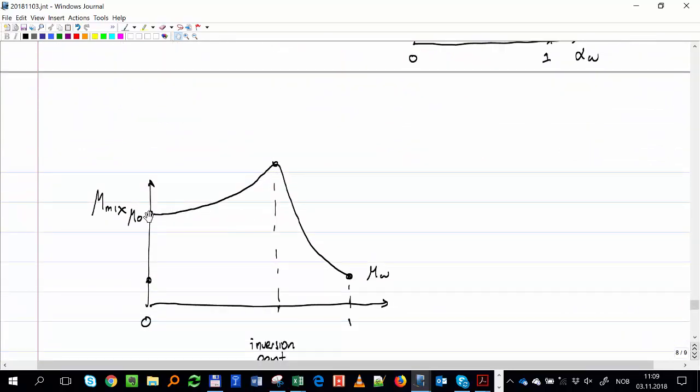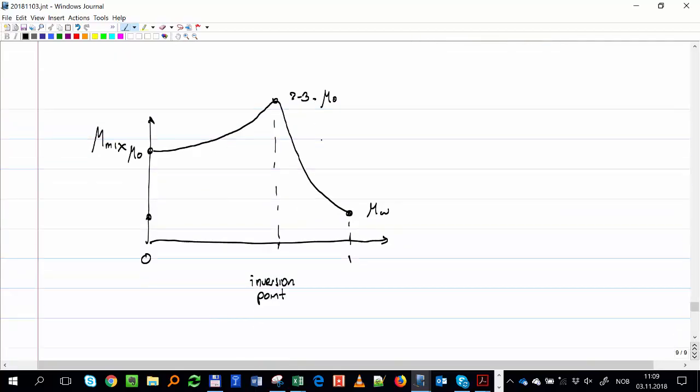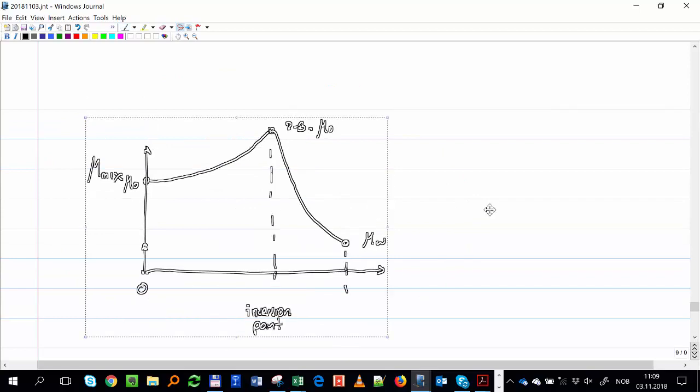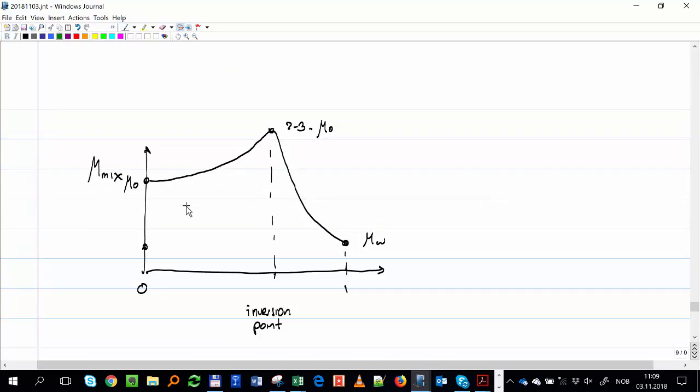If I design with this number, it's a number that can be much higher, and this viscosity can be 2 to 3 times the viscosity of the oil. Okay, very tricky.